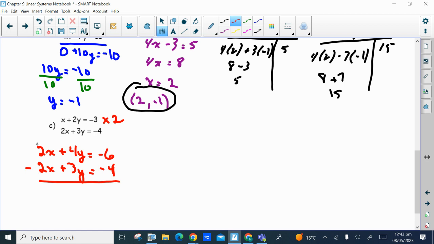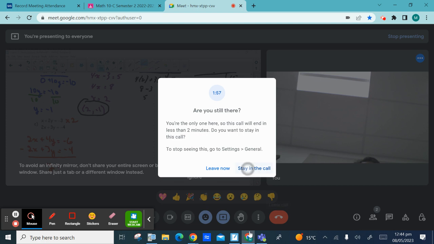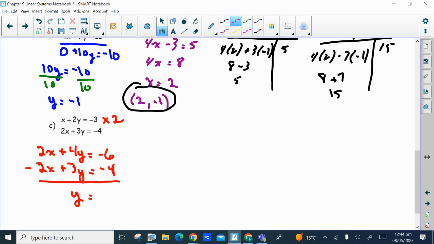They cancel. Not even going to write 0 down there. 4y take away 3y is 1y or y. And when we subtract the constants, it's negative 6 minus negative 4. The minus minus becomes a plus positive, so it's negative 6 plus 4, which is -2.